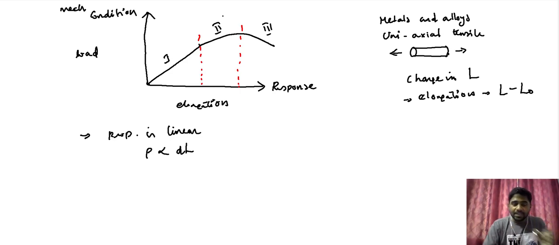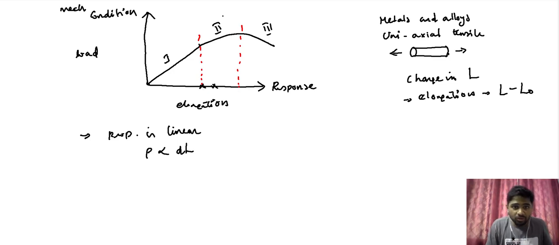Now, in the second part, after the first section, what we essentially see is, even in this section, in order to further increase the elongation, you start from here, and when you want to move to this point, you need to increase the amount of elongation.